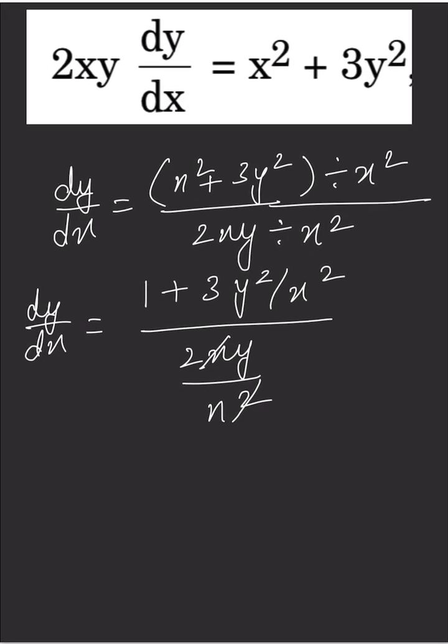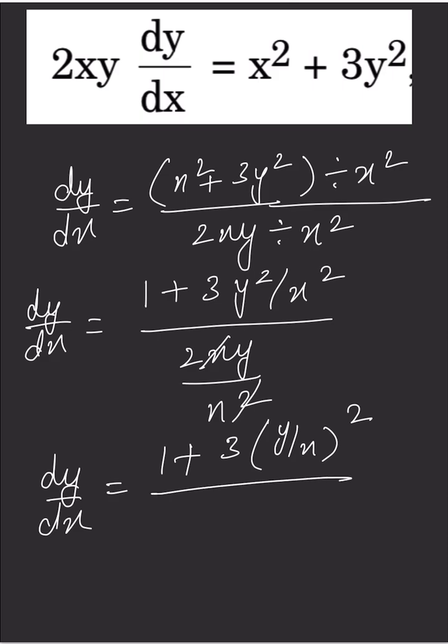Now, if you see, we have gotten dy by dx equals 1 plus 3, now I'm going to write y by x the whole square divided by 2y by x.